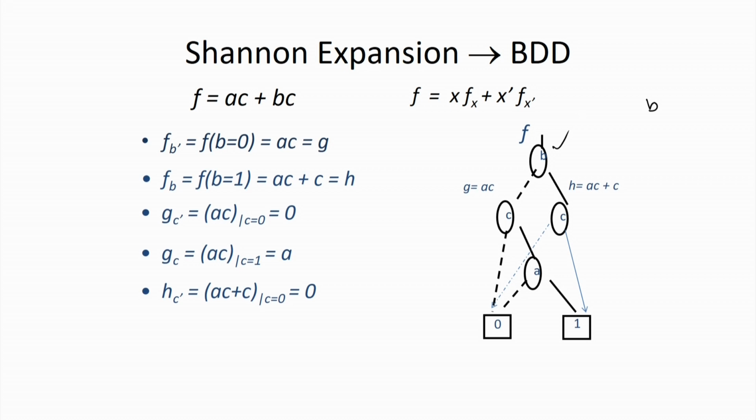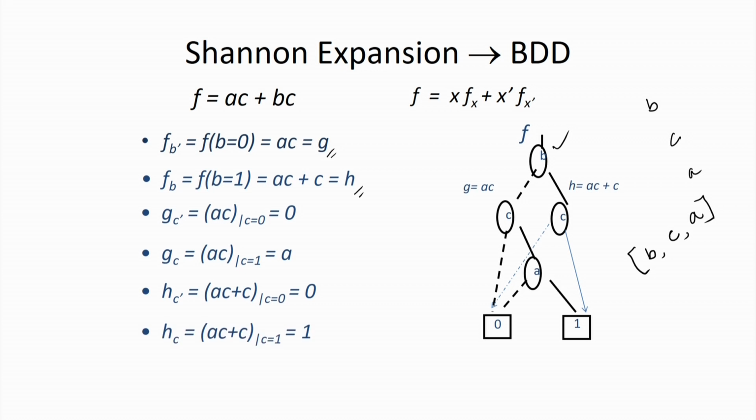On evaluation of b I am going to get these functions g and h, then on g and h it will be evaluated on c. After the evaluation of c, I am going to have the evaluation of a. That means, in this particular construction we have the variable ordering b, c, a.